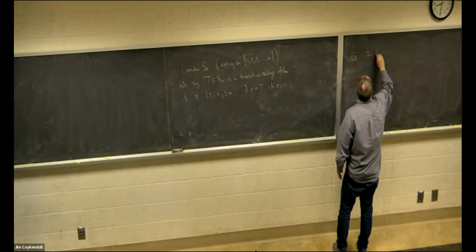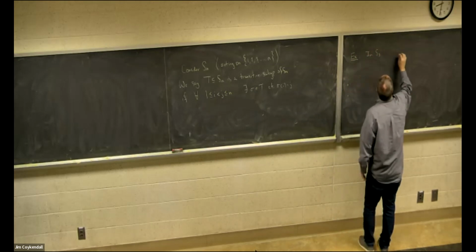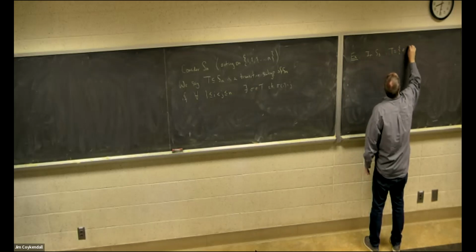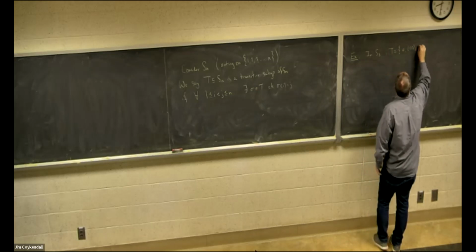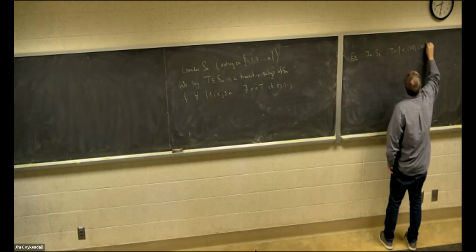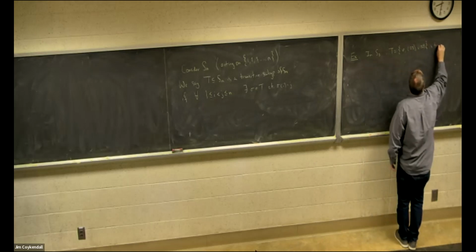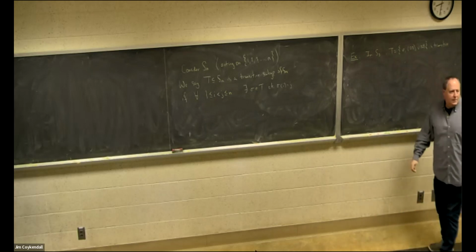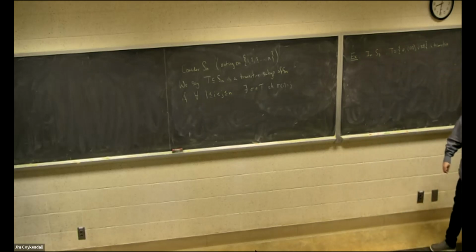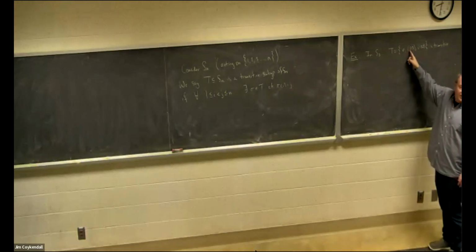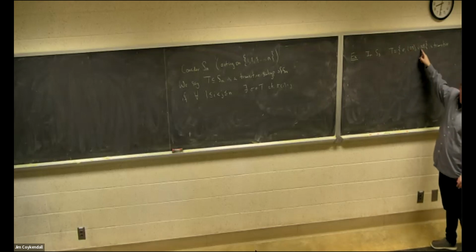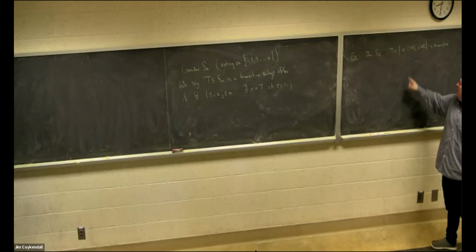In S3, T is transitive. Right? Because take any pair, 1 and 2. Well, this one takes 1 to 2. You want to take 2 to 1, just do this one. You want to take 2 to 3, do this one. You want to take 3 to 2, do this one, and so forth.